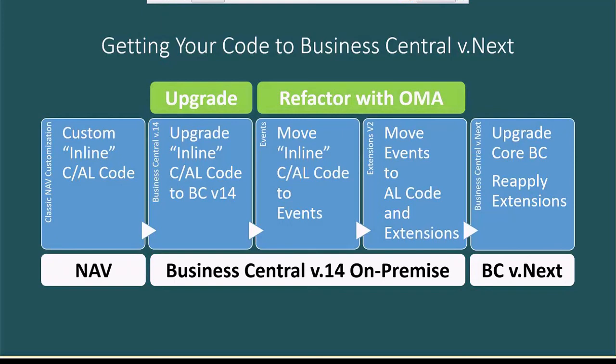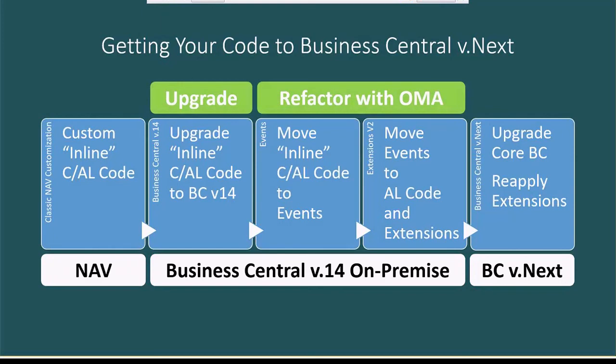But currently, most customers, partners, ISVs are over on the left-hand side. You have customization on top of NAV code. And this customization is what I call inline CAL code, meaning the development was actually done in the actual code base. Right, so the customized code lives with the base code, so it's all inline.